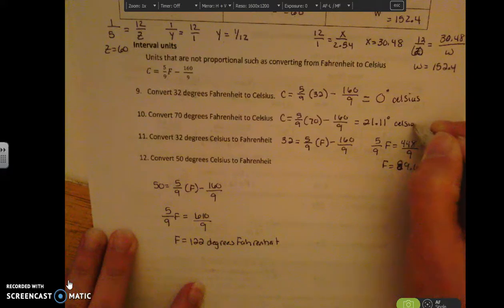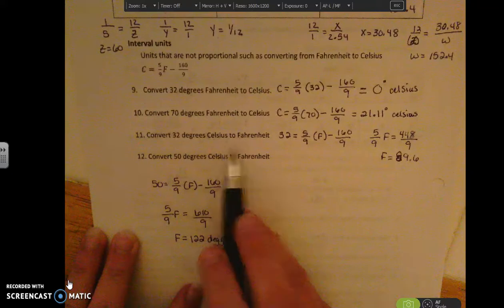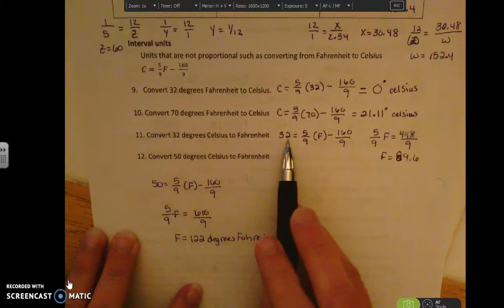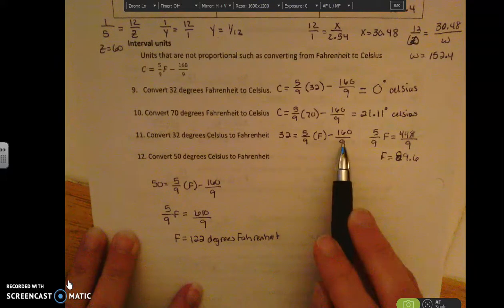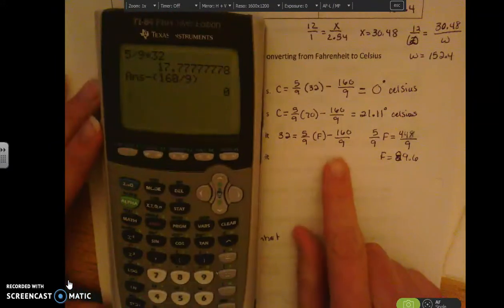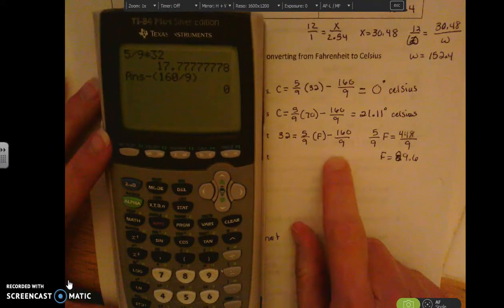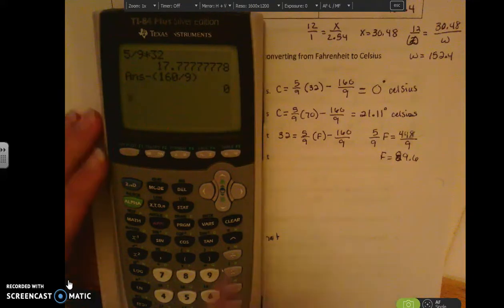So for my next one, I want to go backwards. I want to convert 32 degrees Celsius to Fahrenheit. So I'm going to put 32 in for Celsius, and I'm going to put the 5/9, so I'm going to put F in for Fahrenheit, and everything's the same. So when I do this problem, I have to do my algebra. I'm going to have to add 160 divided by 9 to 32.